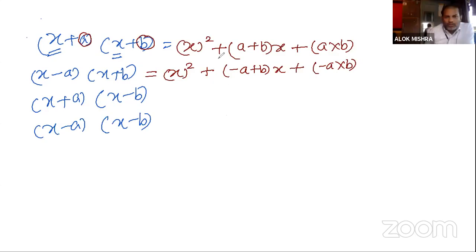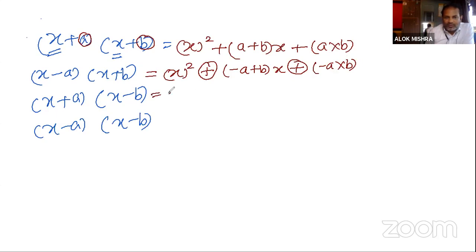So this is the way I'm writing. I'm not changing this sign. Just keep in mind, this sign is not getting changed. This is only plus, and I'm writing this sign also as plus. So let the effect of it take place while I'm going for the final calculation.